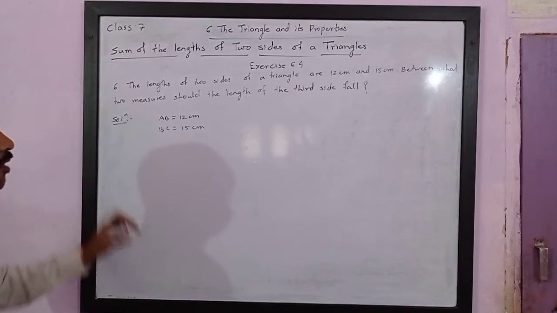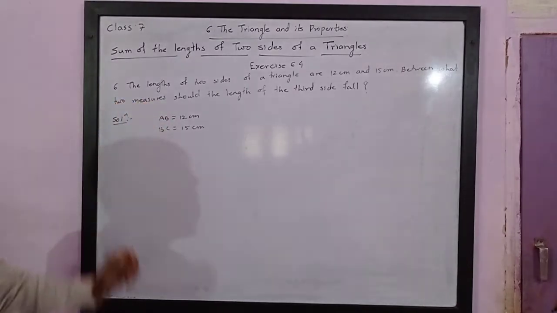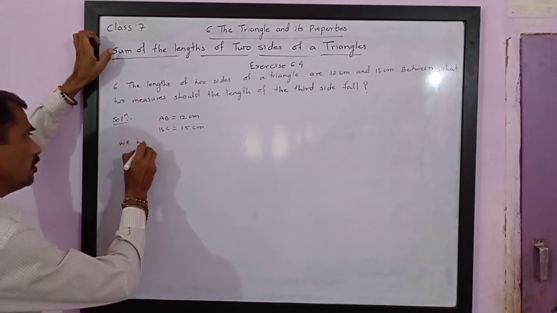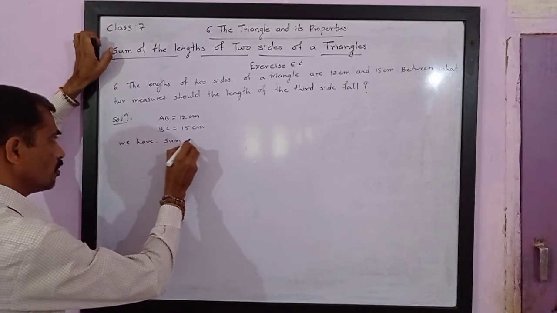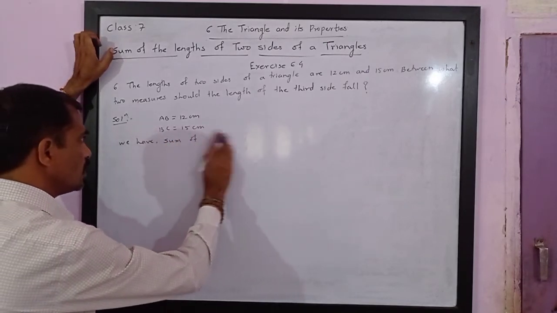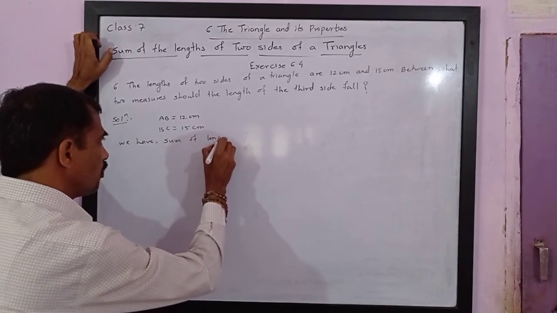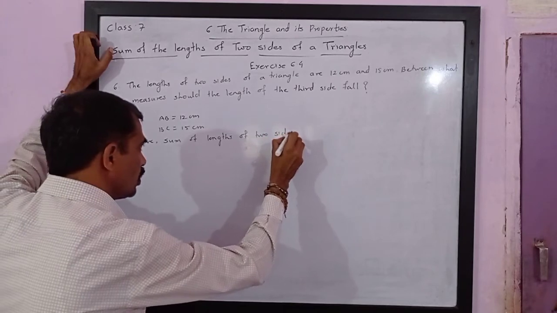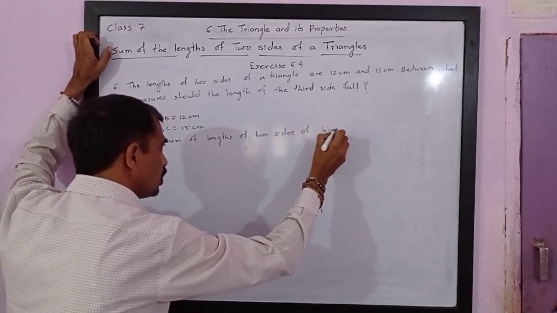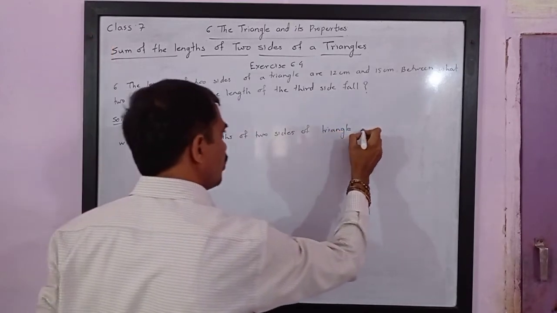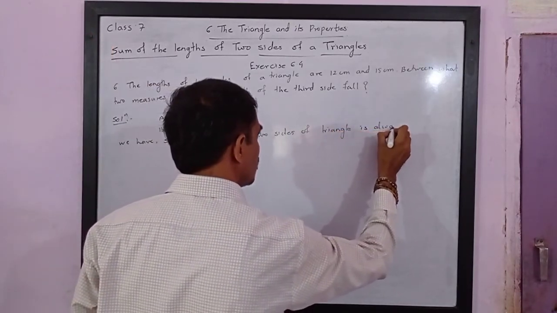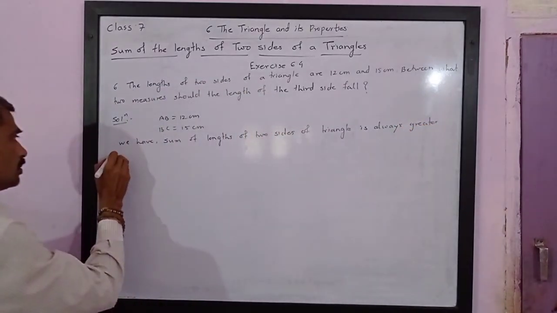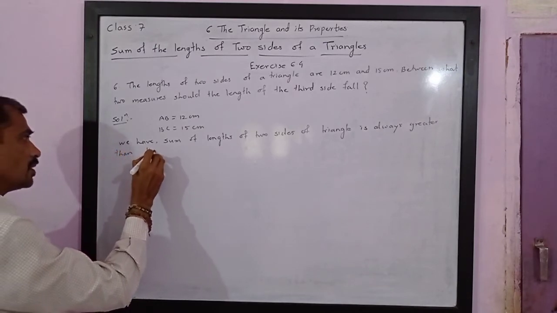Now we know that the sum of the lengths of two sides of a triangle is always greater than the third side.